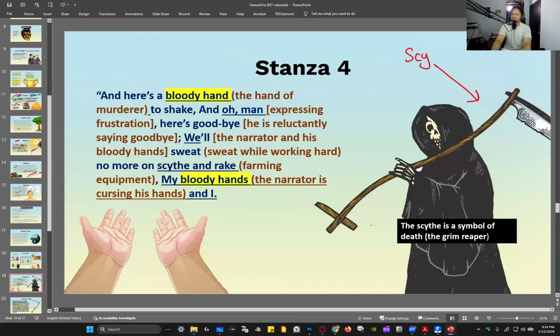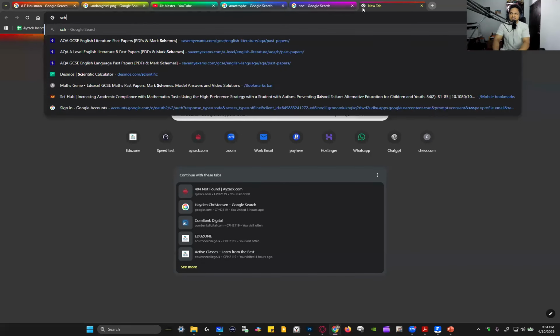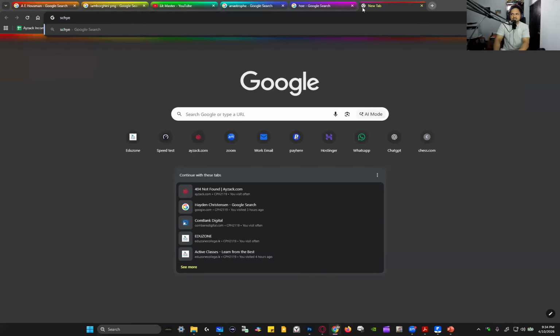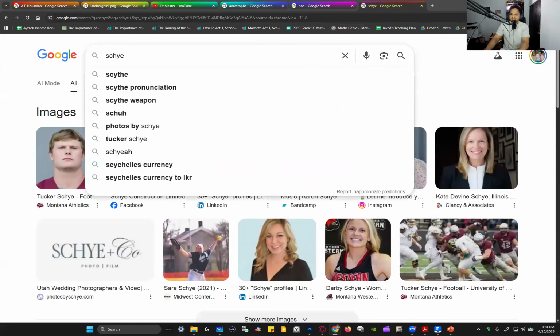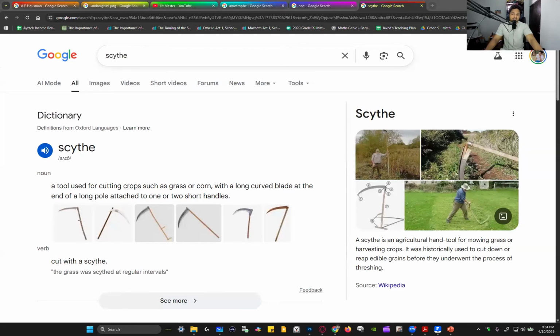What is a scythe, by the way? It is a farming tool, right? A scythe, but it is also a symbol of death, right?